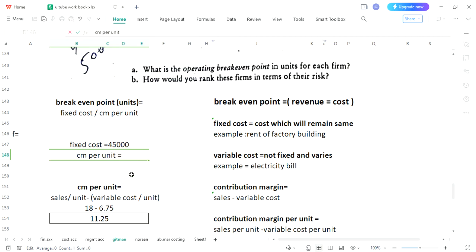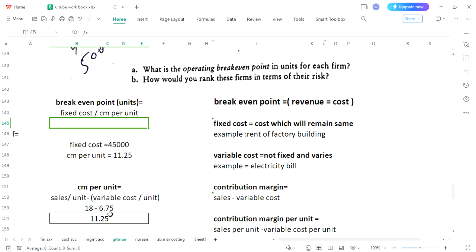Go back to the previous step where you need to put CM per unit, and we have calculated it, and that is 11.25. Then again get back, reverse gear, and seek your formula. This was your formula for break even point in terms of unit. You need to put fixed cost. Fixed cost written over here is 45,000.